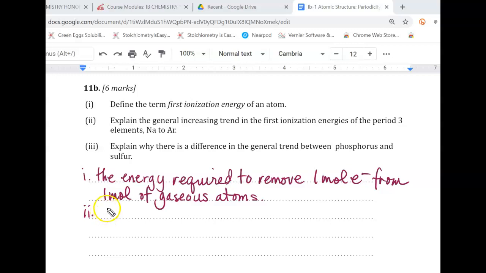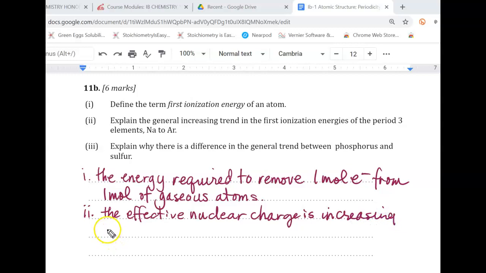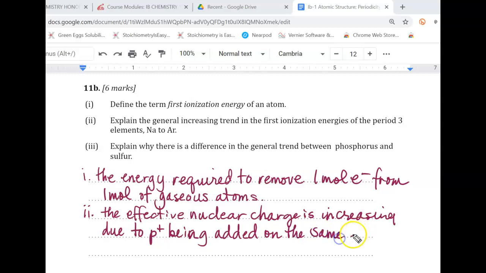So the ionization energy is increasing because the effective nuclear charge is increasing due to protons being added on the same energy level. Okay.